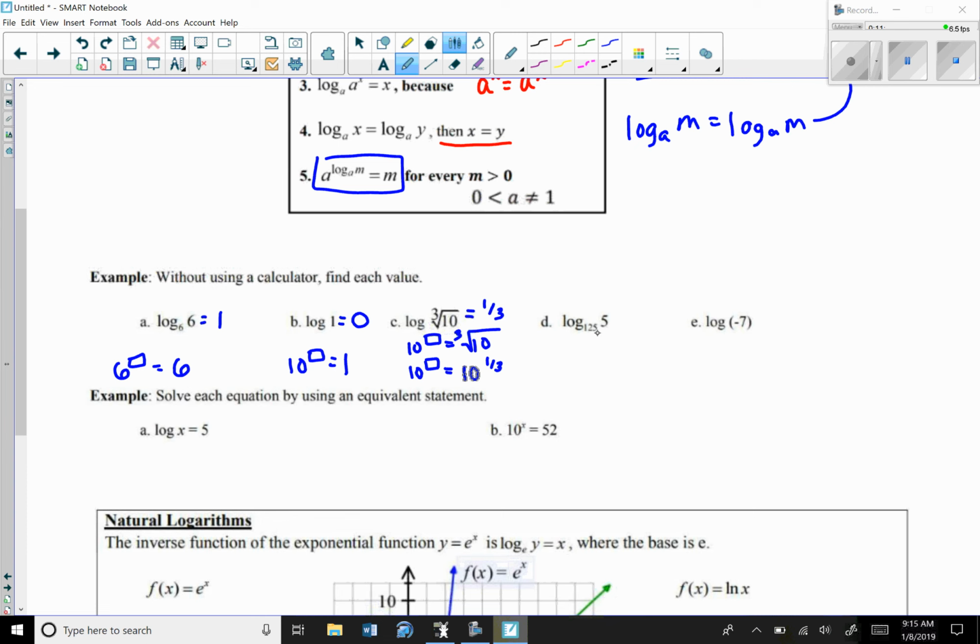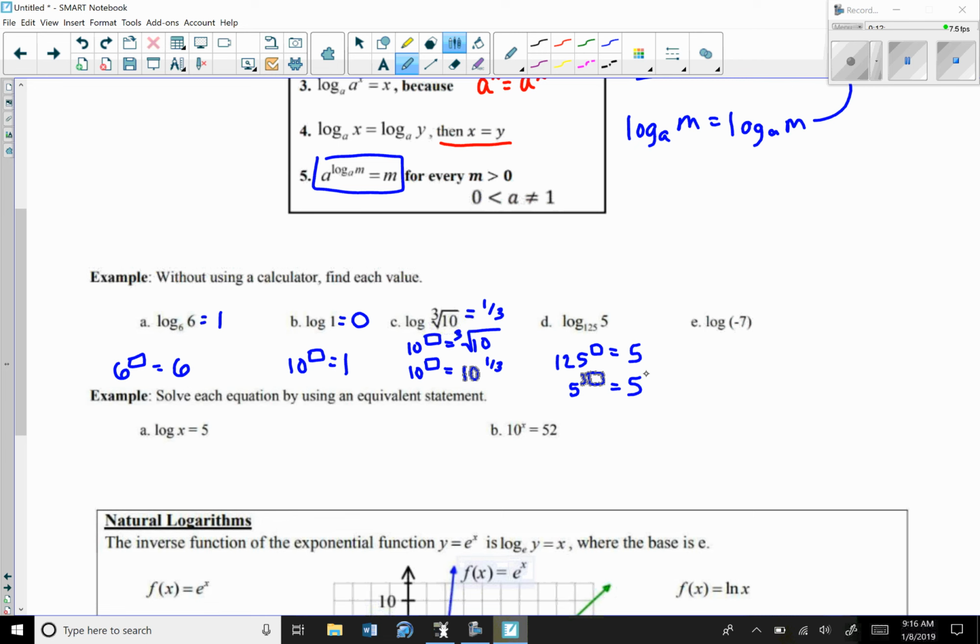For this next one, we're saying the base is 125, to what power gives you 5. Recall, in order to solve something that's exponential, if you can make the bases the same, it makes it a lot easier to solve. So 125 we know is 5 to the power of 3. So we're saying 5 to the power of 3 times what would give me 5.